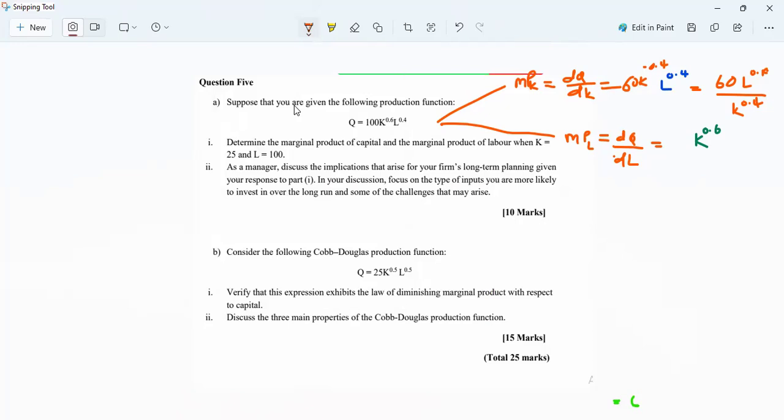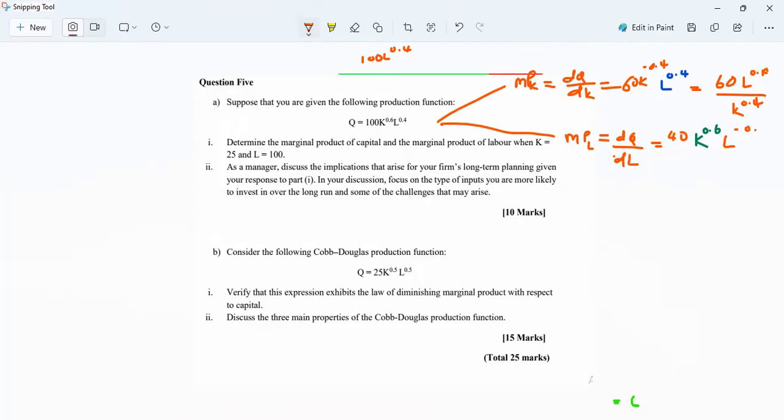So when you cut and paste this, we're going to remain with what? 100L^0.4, right? So what's the derivative of 100L^0.4? That one will now be 40L^-0.6.